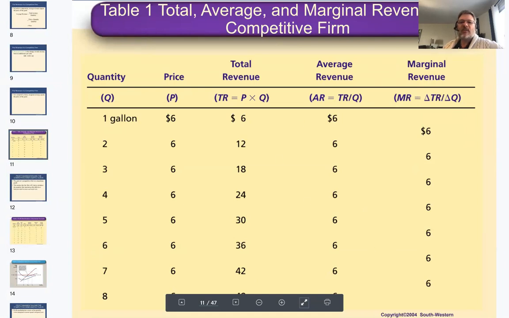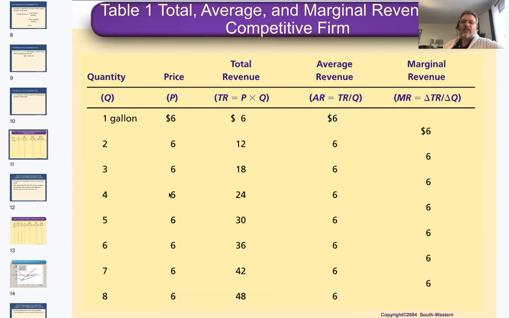So these columns, basically the first two columns, are the demand schedule. It tells us at each price what quantity would be sold. Now, this is a competitive firm, so the price is actually determined by the market, and the competitive firm is a small part of the market, so they can sell as much as they want up to their capacity at the current market price. And so since this is a competitive firm, price times quantity gives us total revenue, and then we divide by the quantity and we get average revenue.